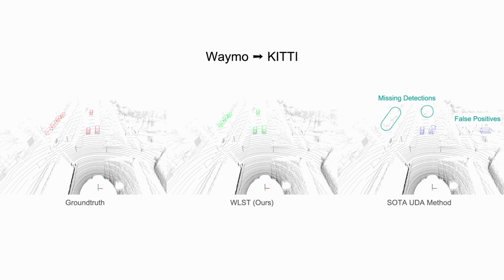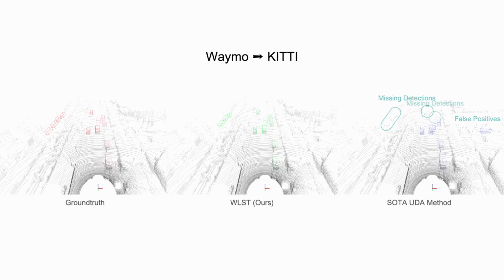Now let's take a look at some qualitative results. In the case of Waymo to KITTI, our method demonstrates the ability to generate higher quality pseudo-labels, exhibiting fewer missing detections and false positives, especially for vehicles located at longer distances.